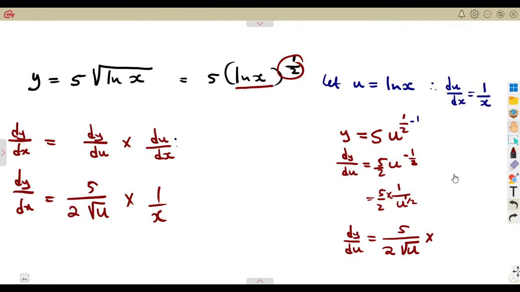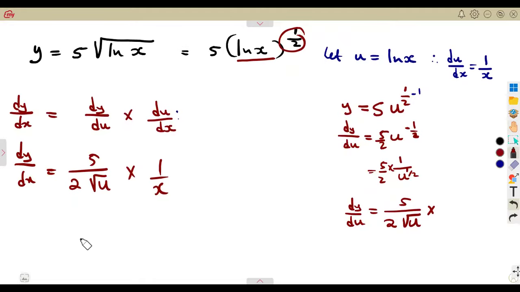We can now multiply the numerator to the numerator. So the derivative of y with respect to x is going to be 5 times 1, which is 5, over 2x square root of u.